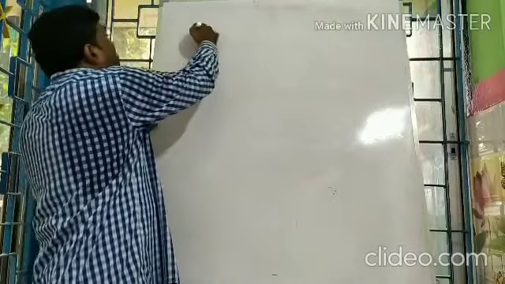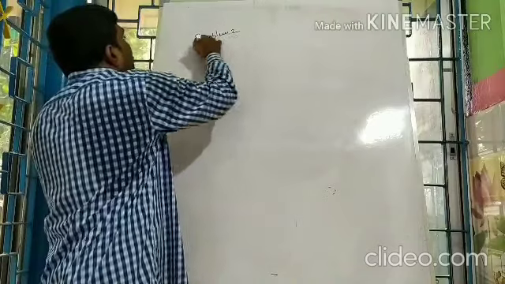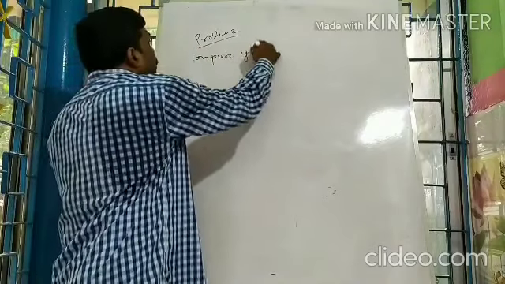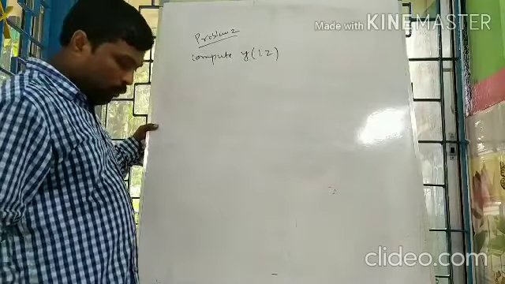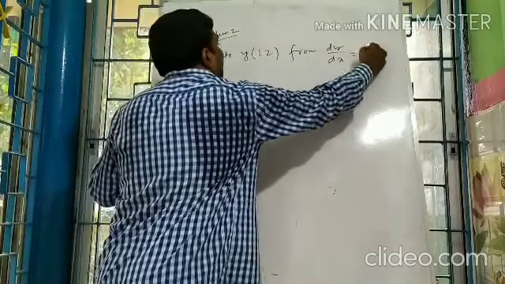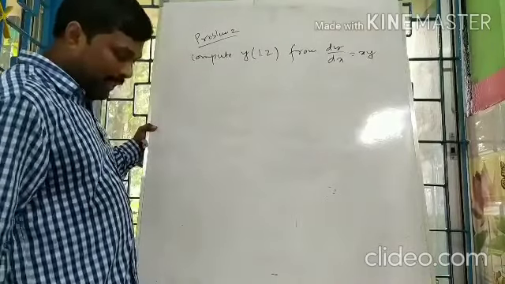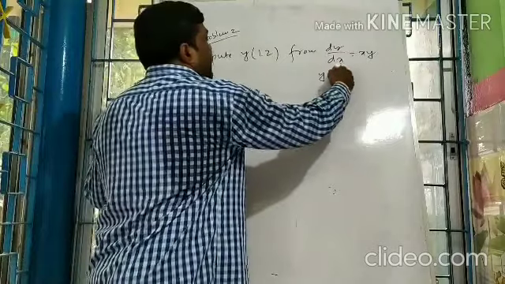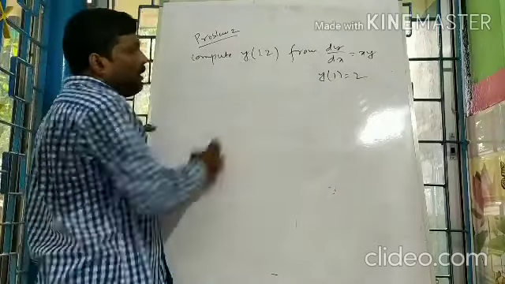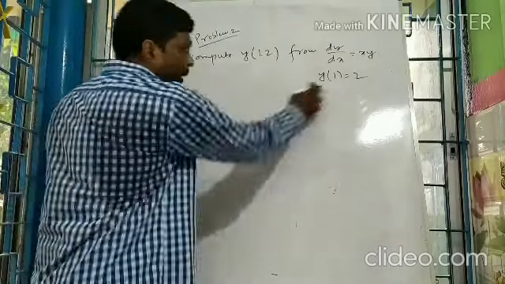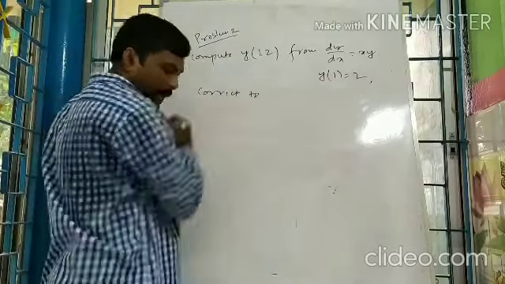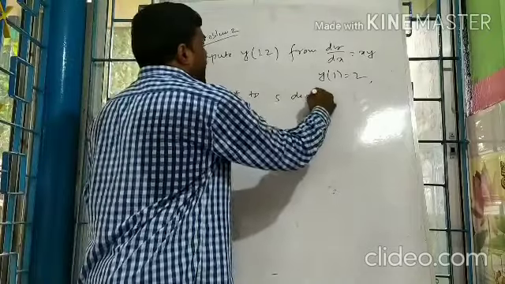Problem 2: compute y(1.2) from the differential equation dy/dx equals x into y, with initial condition y(1) equals 2, correct to 5 decimal places.